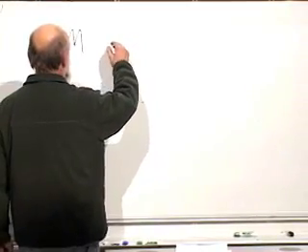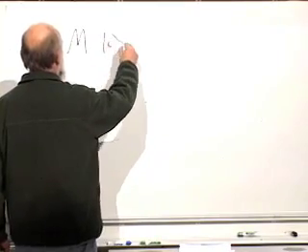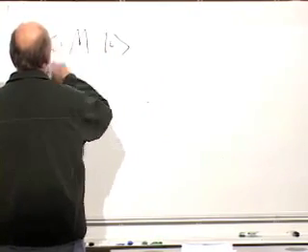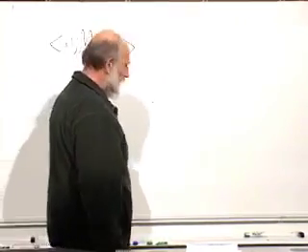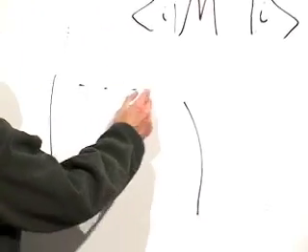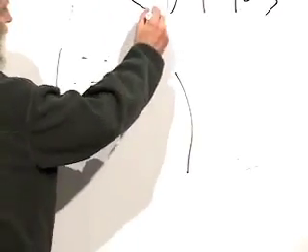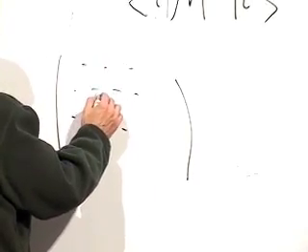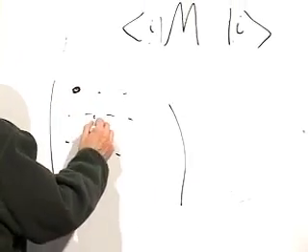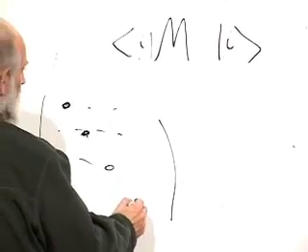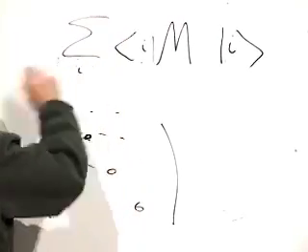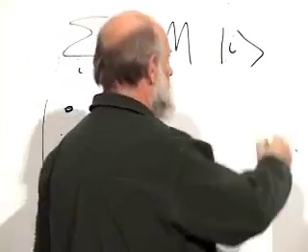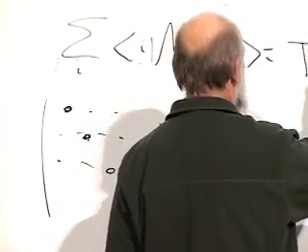Let's call them I. And take the II matrix, the diagonal matrix element of M. If M is a matrix, then this just stands for the II diagonal matrix element. Here's the 1, 1 element, the 2, 2 element, the 3, 3 element, and add them all together. That's called the trace of M.